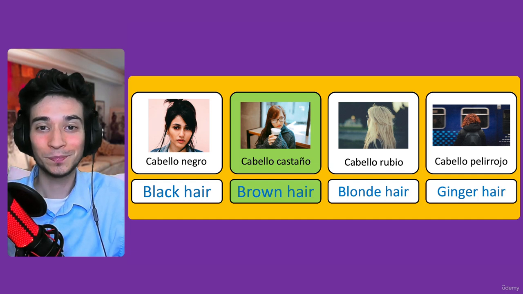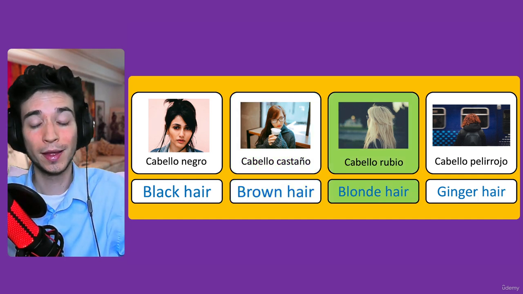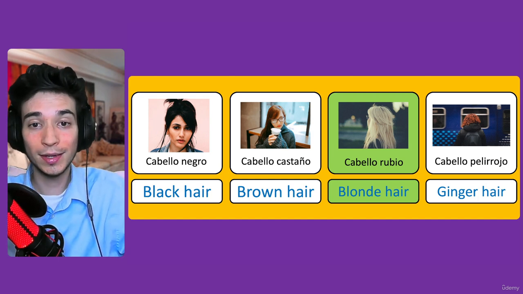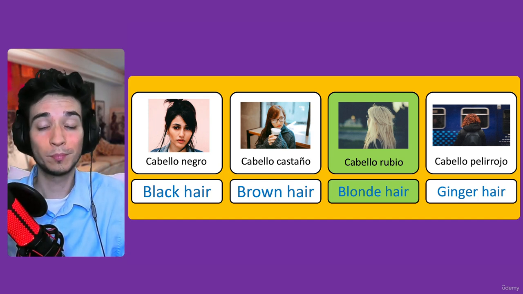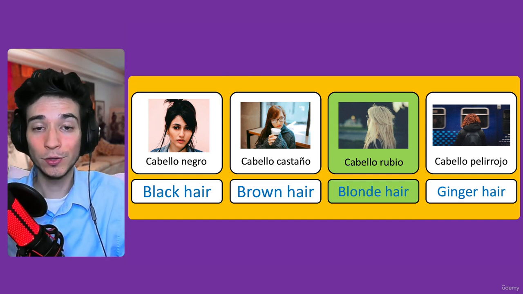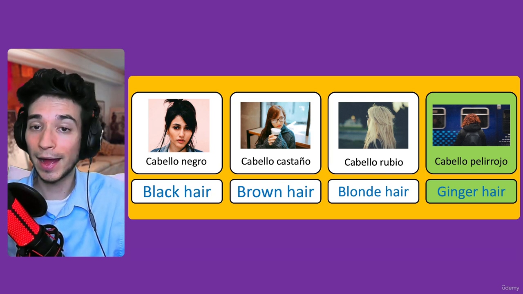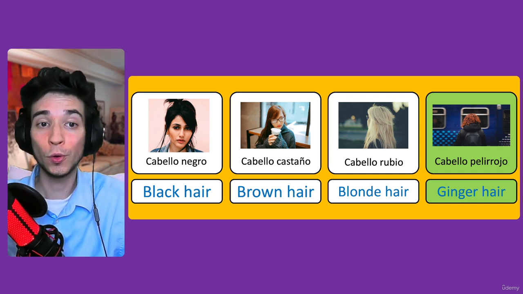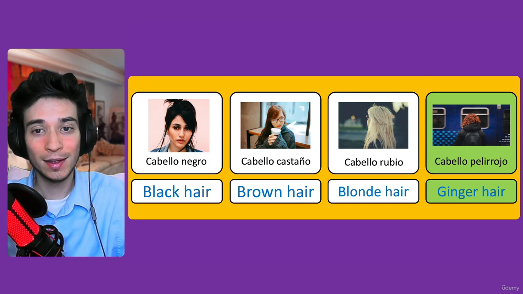And the next one. Here we have cabello rubio, which means blonde hair. Cabello rubio. Rubio basically means blonde. And the next one is cabello pelirrojo. So yeah, you know the word rojo, which means red.